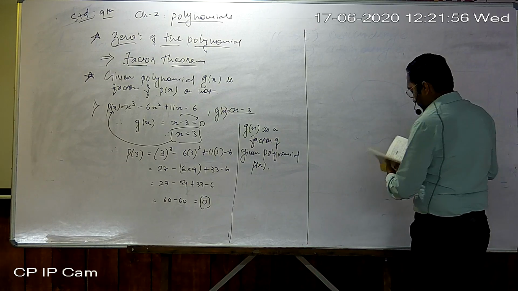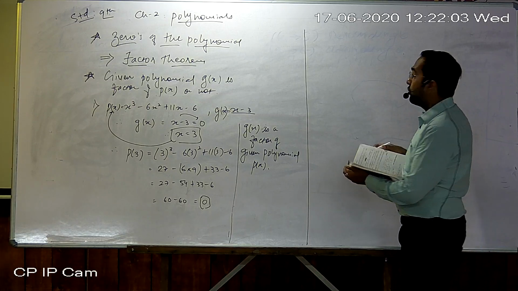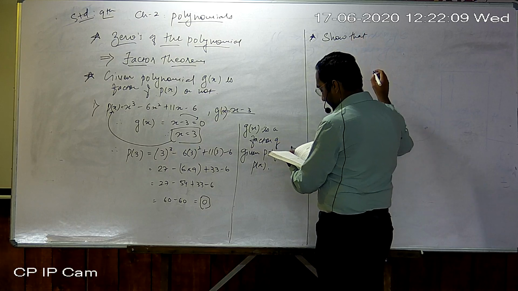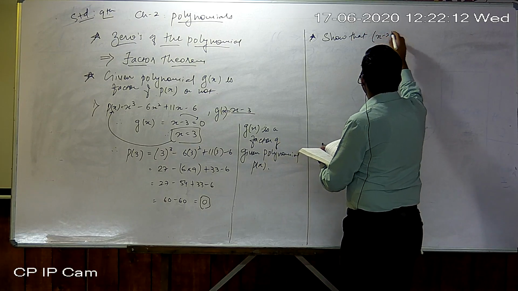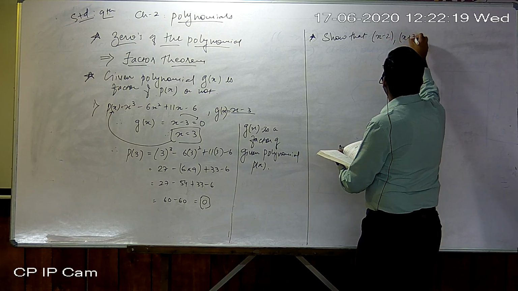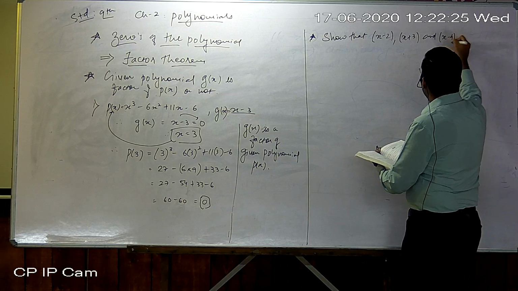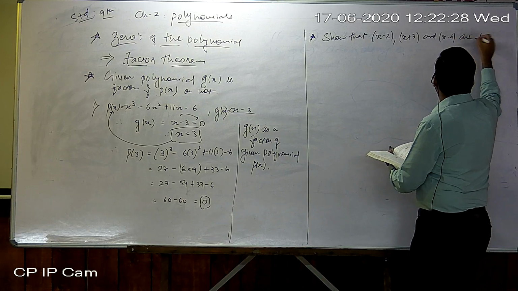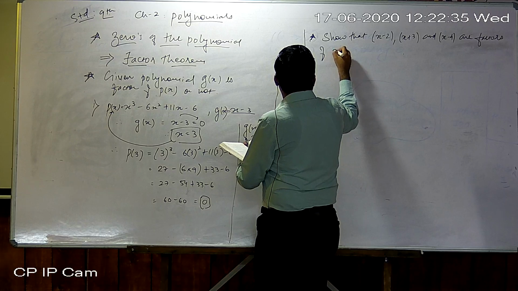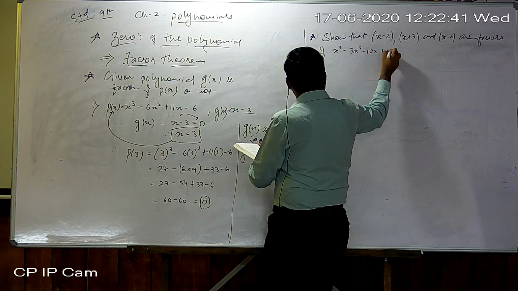So now here is the question: show that x minus 2, x plus 3 and x minus 4 are factors of x cube minus 3x square minus 10x plus 24.